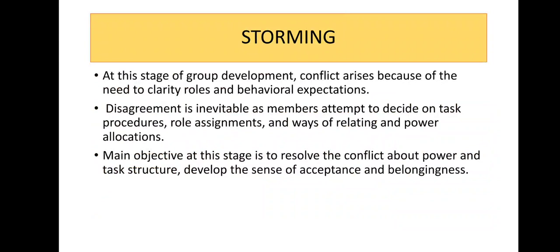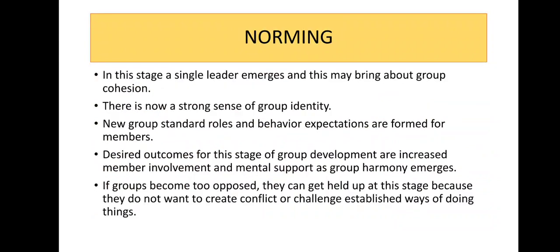If one member is telling something, they try to understand the pros and cons of that particular statement. So the storming stage is the stage of both the conflict and resolving that conflict. So this stage results in good understanding between the members.